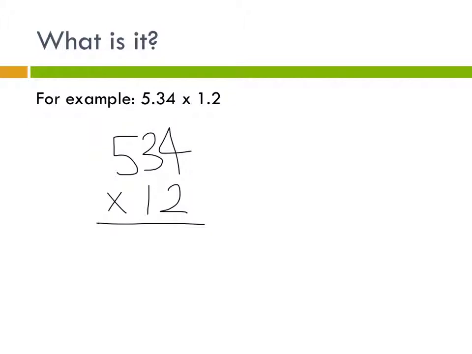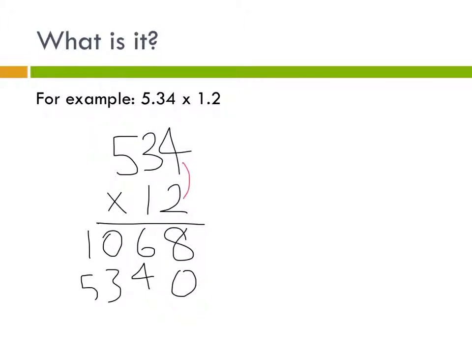So 2 times 4 is 8, 2 times 3 is 6, 2 times 5 is 10. Put a 0. 1 times 4 is 4, 1 times 3 is 3, 1 times 5 is 5. So that gives me a grand total answer of 8 plus 0 is 8, 6 plus 4 is 10, 0 carry the 1, 1 plus 0 plus 3 is 4, 1 plus 5 is 6. So that gives me a grand total of 6,408.